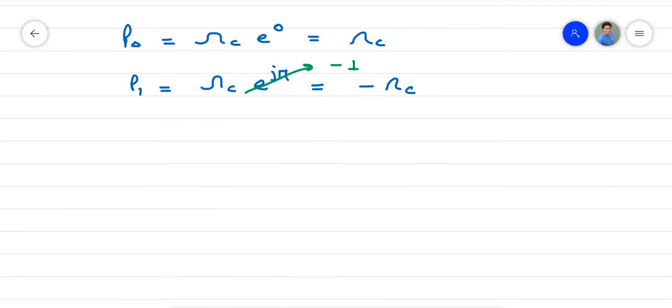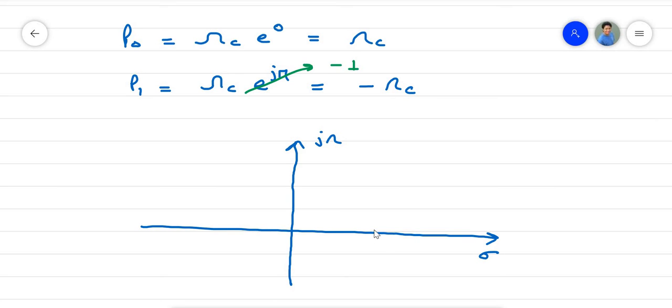Now if we plot these poles in the sigma and j omega plane, omega c will lie on the positive side and minus omega c will lie on the negative side of sigma. Because they don't have any imaginary component, omega c and minus omega c will lie on the real axis.